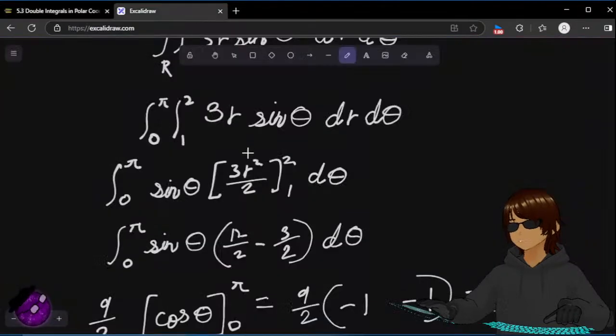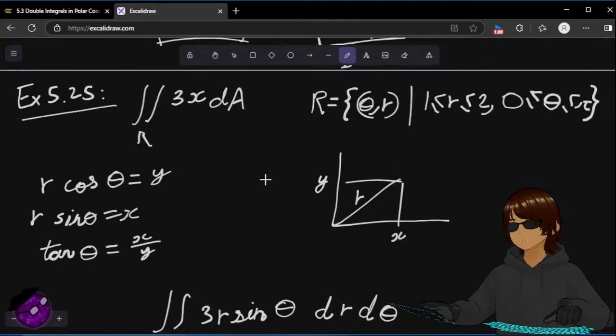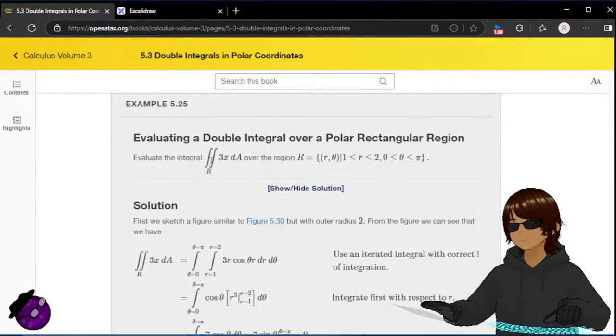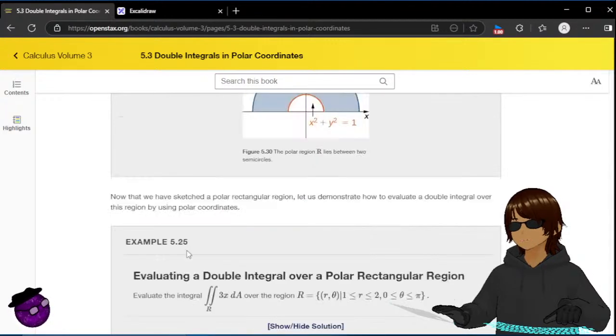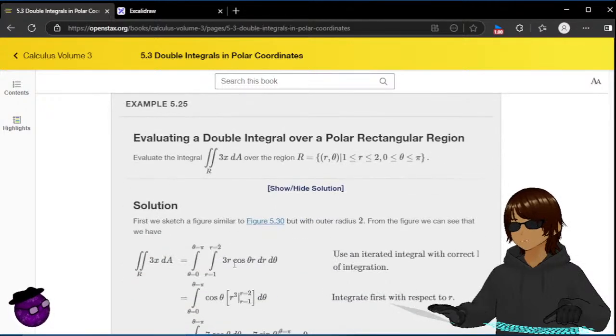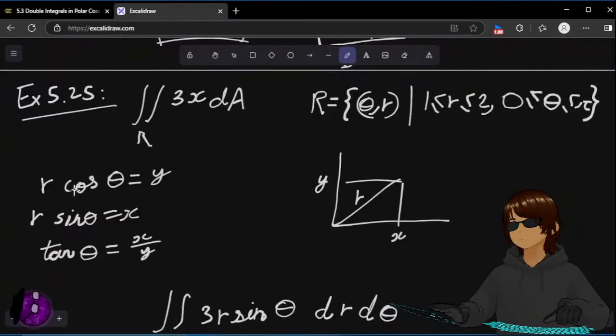3r cos pi r. From the figure, we see that we have 3r cos pi r. So why didn't this work? Why didn't r sine x, putting that here, work?